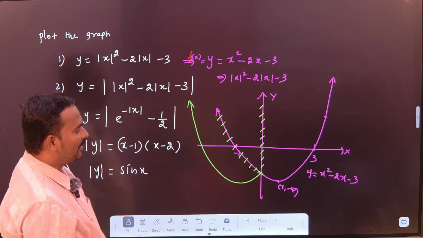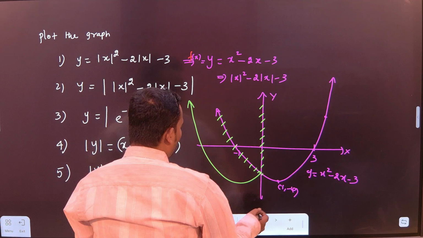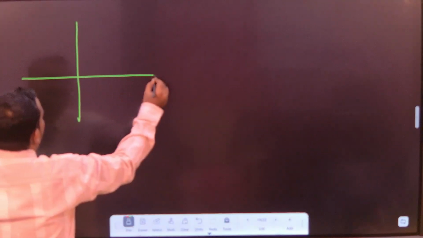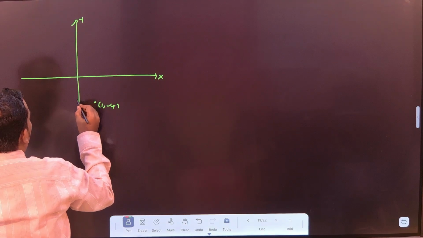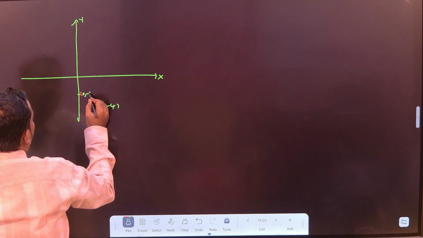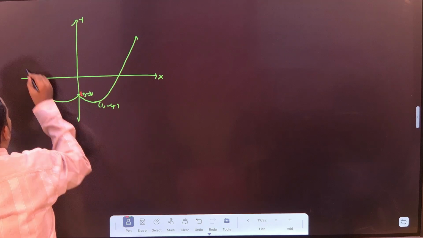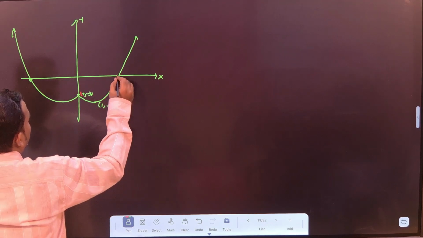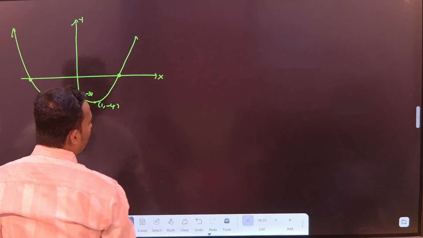I hope everyone understands, right? I'll draw here. This is your x-axis, this is your y-axis. The vertex is 1 comma minus 4, right? And this is 0 comma minus 3. The graph is going like this. So the image will be like this, right? Clear? I hope everyone understands.